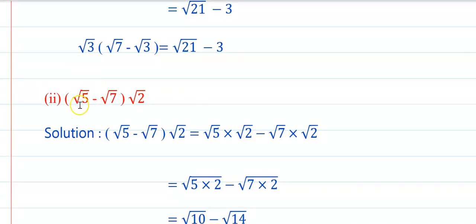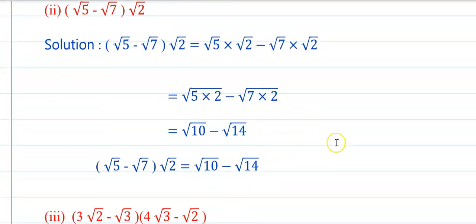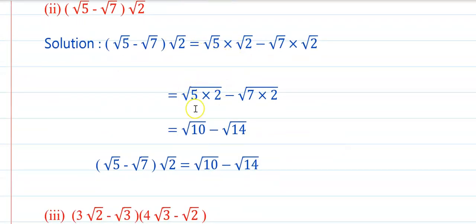Now the next product is root 5 minus root 7 into root 2. We will multiply this root 2 with both the terms. That is root 5 into root 2 minus root 7 into root 2. Both have the same index, therefore we can accommodate them in a single root: 5 into 2, which is 10, that is root of 10 minus root of 7 into 2, which is root of 40.